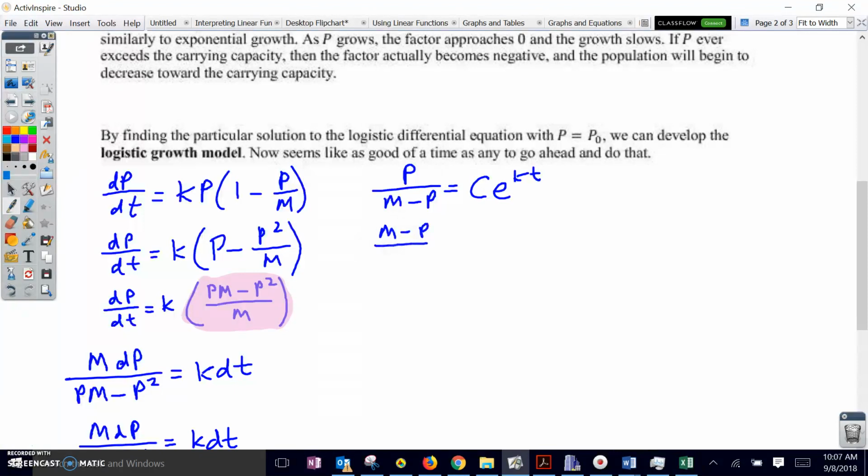So it gives me M minus P over P is equal to, and the reciprocal of C e to the kt is going to be C e to the negative kt, because the constant can move into the denominator and the exponent then just becomes the opposite of what it was. And doing a little bit of algebraic manipulation here, this becomes M over P minus 1 equals C e to the negative kt. I add 1 to both sides.